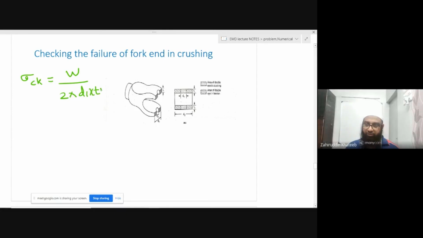The value of W is 150 into 10 raised to 3, the value of D1 is 39 and T1 is 52. So sigma ck is equal to, now tell me the value of sigma ck.